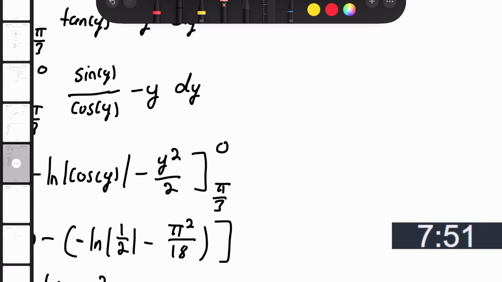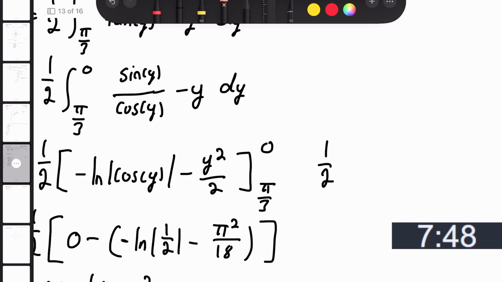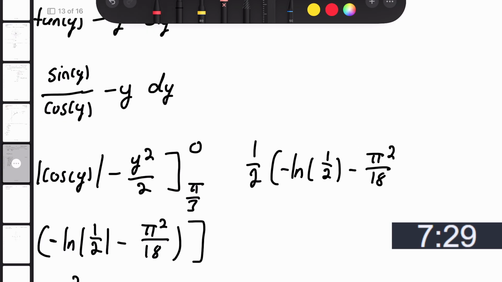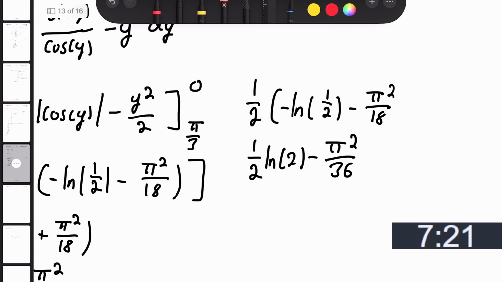Because if I did pi on 3 the other way, I'm going to get half of ln, or negative ln, of a half, minus pi squared on 18. So it'll be half of ln of 2 minus pi squared on 36.